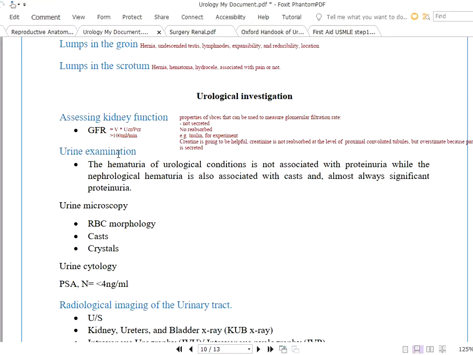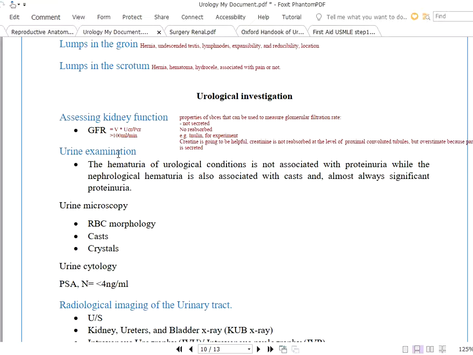So casts, what are casts? First of all, we have a type of mucoprotein which surrounds the urinary tract.